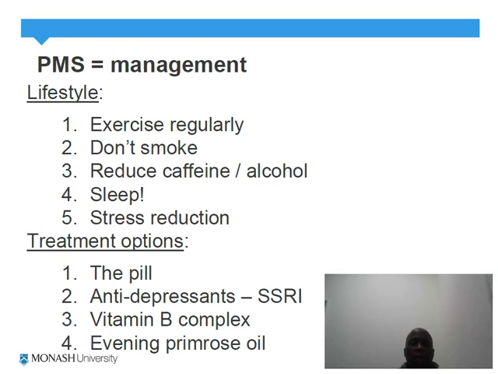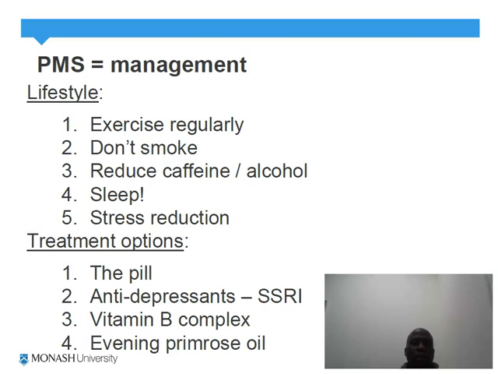Okay. The point is, how do you manage PMS? Firstly, there are things that you can do to your lifestyle in order to manage PMS. Firstly, exercise regularly. It helps to reduce those symptoms. And also, do not smoke during such a period.